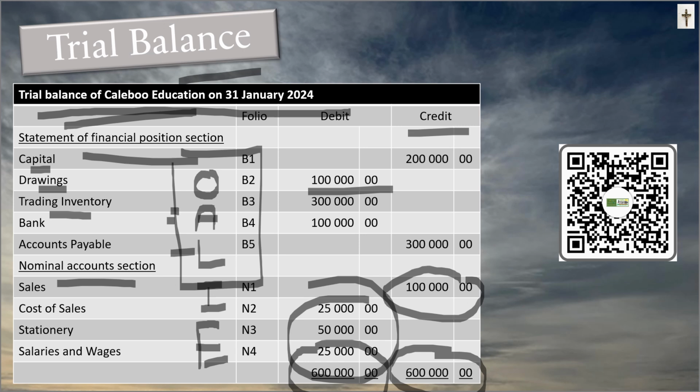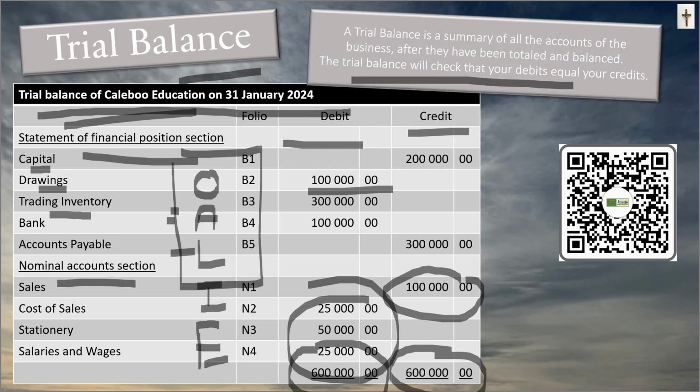In the trial balance, we have all the balances of the ledger accounts, and we can check if our debits equal our credits. So we're going along nicely. That's a trial balance. We've gone from transactions, source documents, journals, general ledger, and now trial balance.